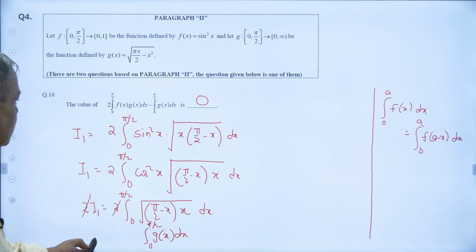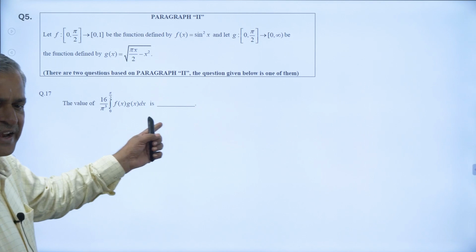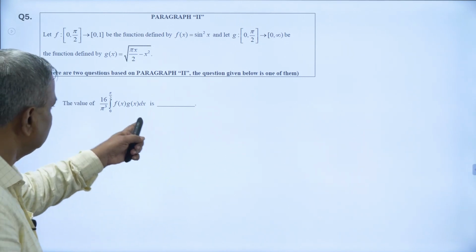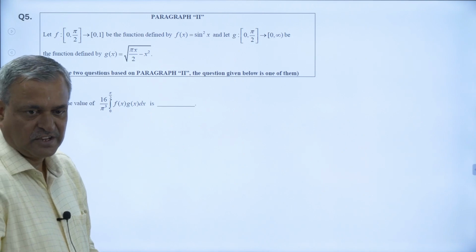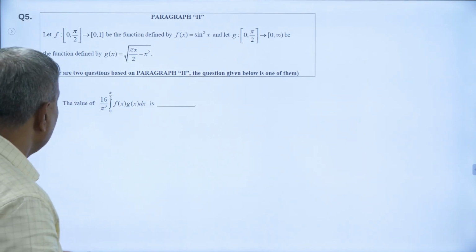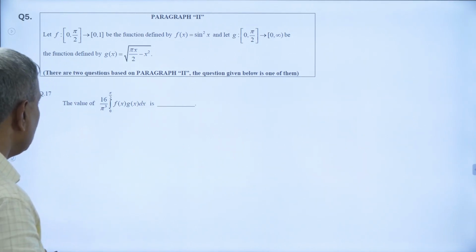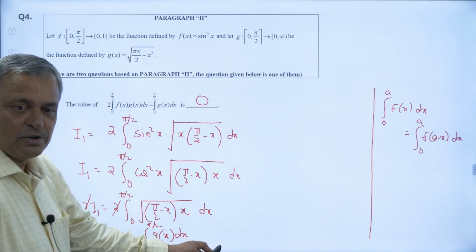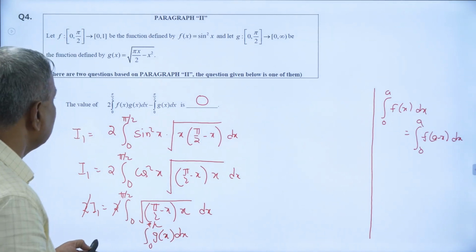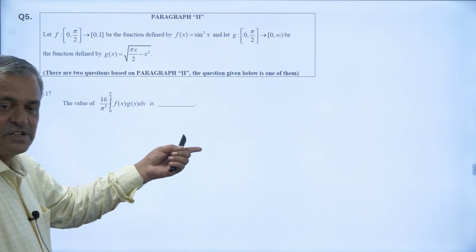Next question is straight away the integral of f x into g x dx, 0 to pi by 2. We have to find its value. Just now we did it, and we'll use the same concept. So integral of f x into g x is nothing but g of x only. So clearly you have to integrate g of x.